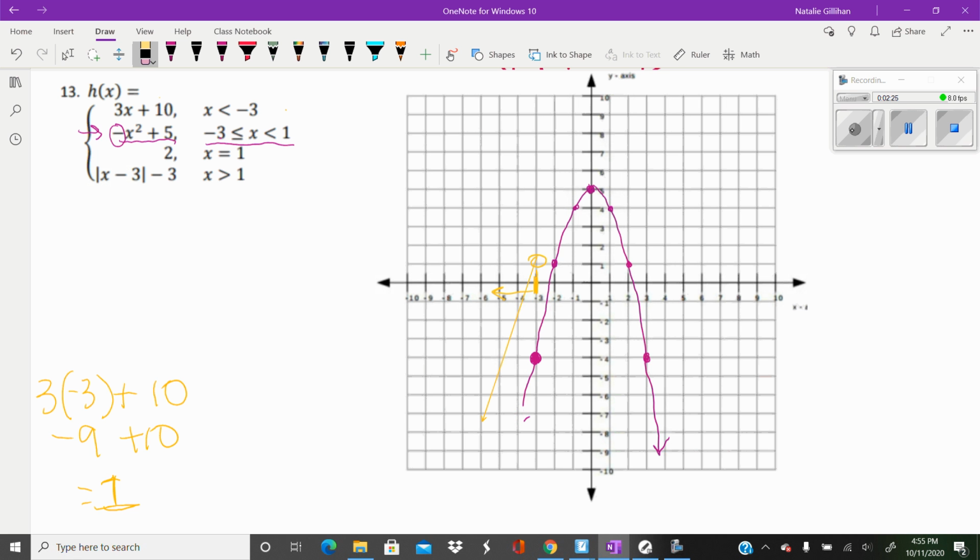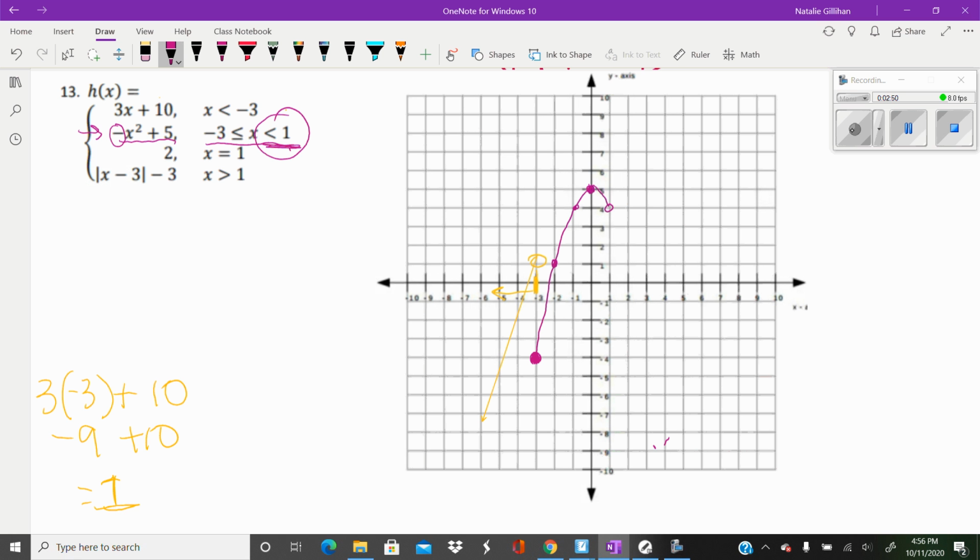So we can just erase everything to the left of that and just pop a closed circle there. And then it stops with an open circle at positive 1. Thankfully, we're right on the money there as well. So I'm going to erase that little guy and all of this stuff to the right, and then go ahead and put my open circle on positive 1, 4. Okay, so that was pretty easy.